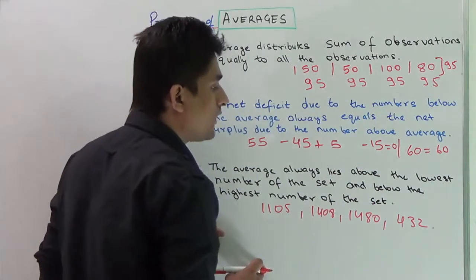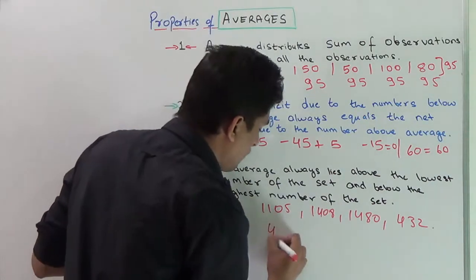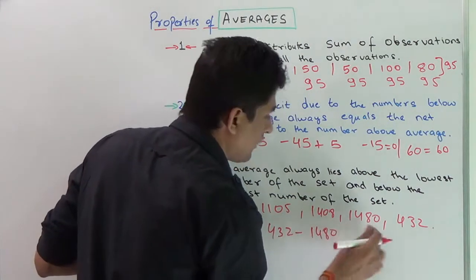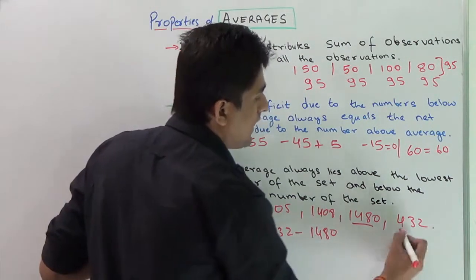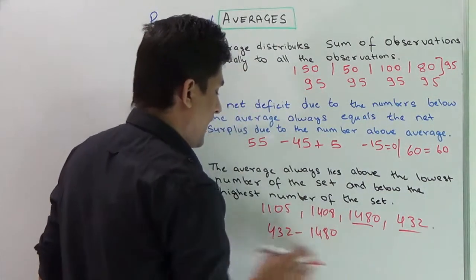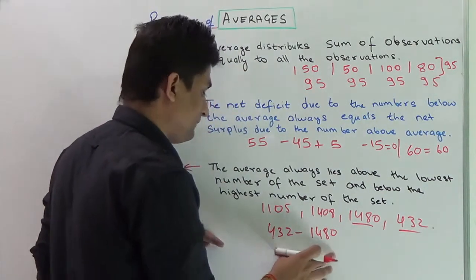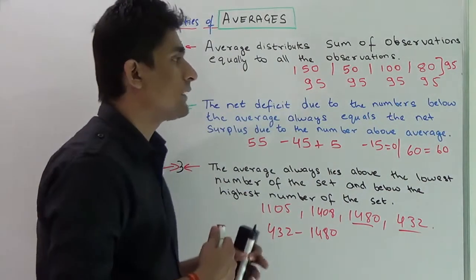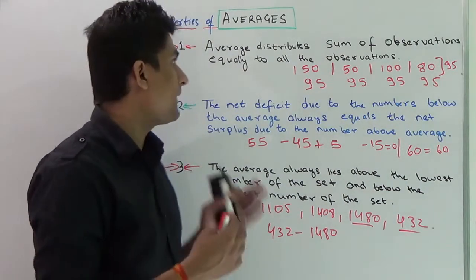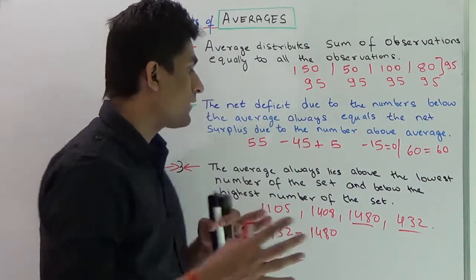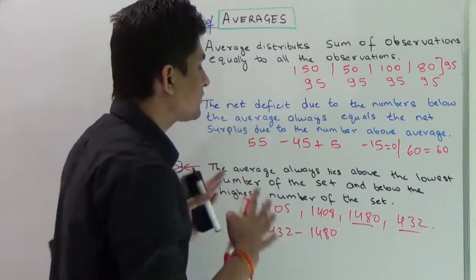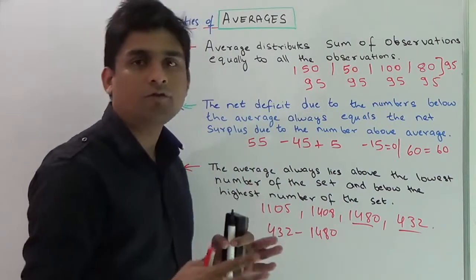If I ask you, the average will always lie between 432 and 1480, because the highest in these numbers is this and the lowest in these is this. So the average will always lie between these numbers. I think all 3 points are clear. There are some other properties of averages also, but those are not so important as far as the exams are concerned. So I have taken these 3 points only, and these are enough for exams.